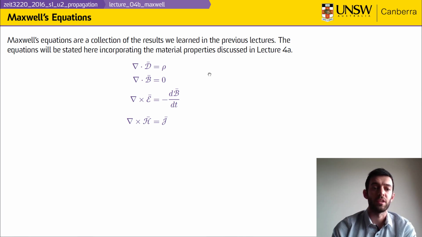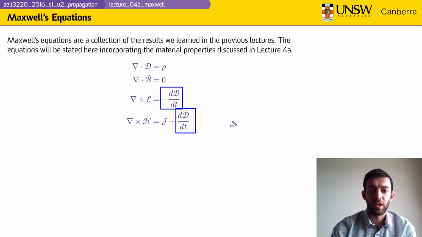However, there was an addition that was brought in by Maxwell, where he added this term, which is similar in a sense to this term, which helps relate the change in electric field to the rotation of the magnetic field. So in a way, those two equations are somewhat symmetric, except, of course, for the presence of this minus sign. And this minus sign is necessary for conservation of energy.